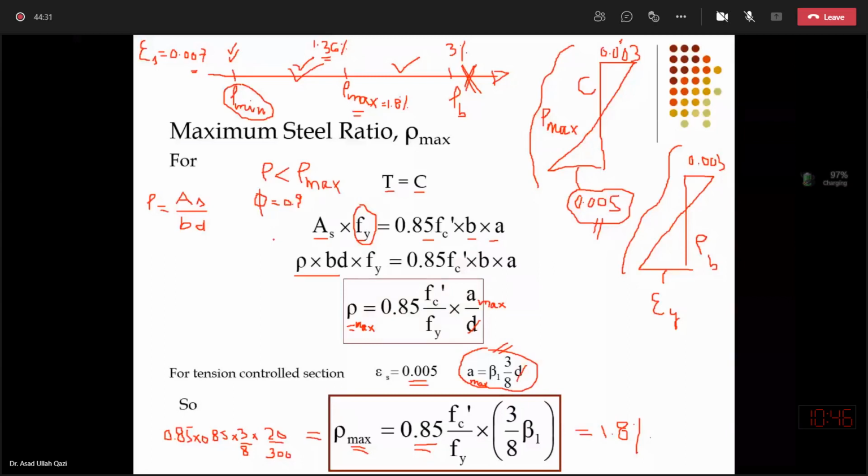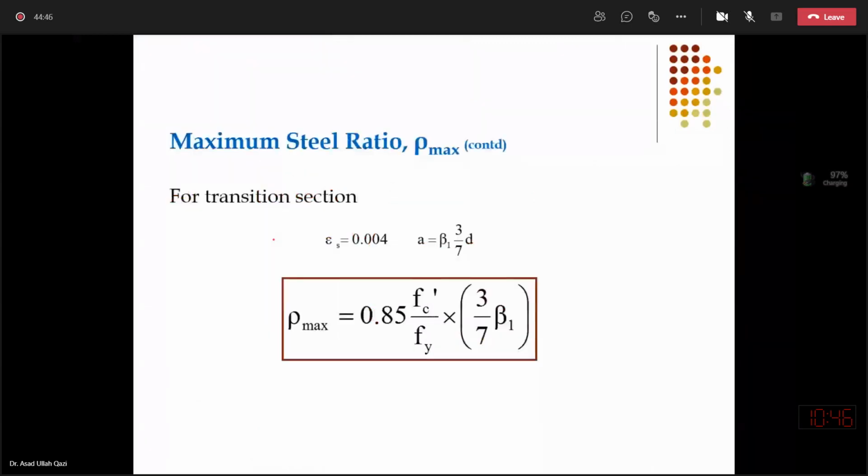Now, out of this discussion, rho minimum is only left. What is rho minimum? For rho minimum and for transition sections, as I mentioned in the previous course, epsilon s of 0.004 was also one strain magnitude they suggested, versus 0.003. Against that, the derivation of rho was that rather than 3 over 8, you will get 3 over 7.